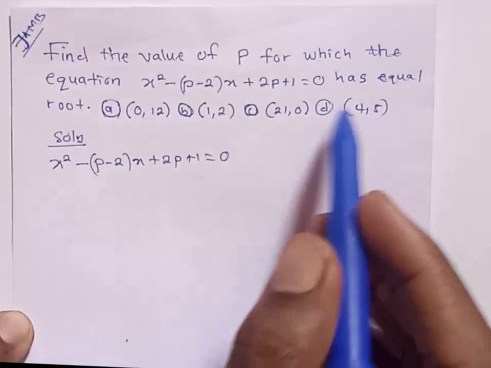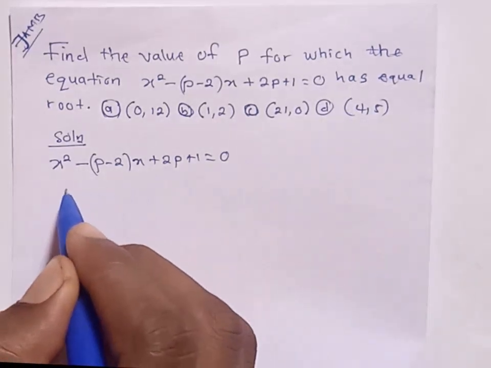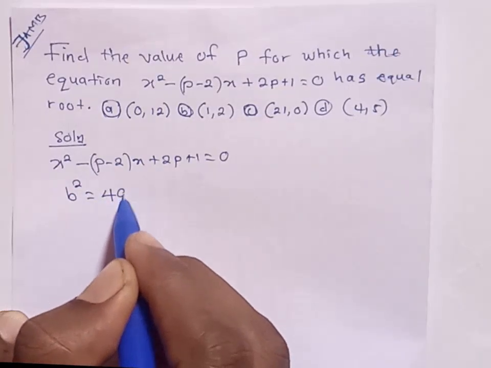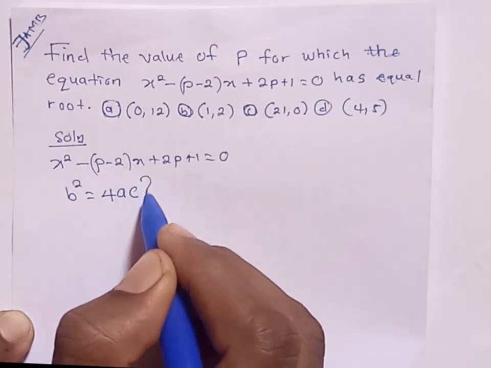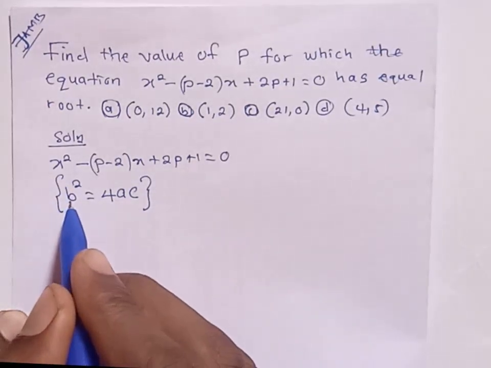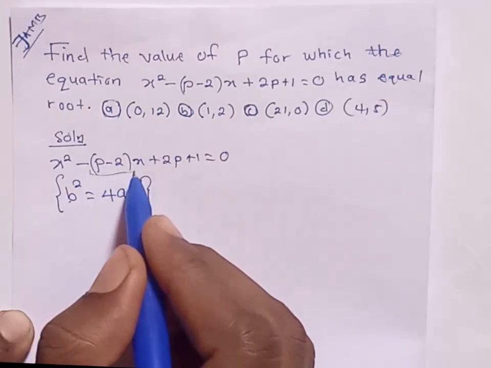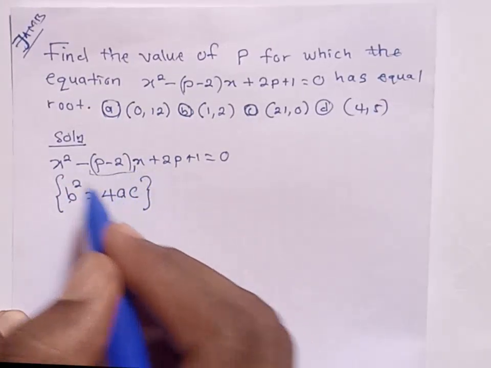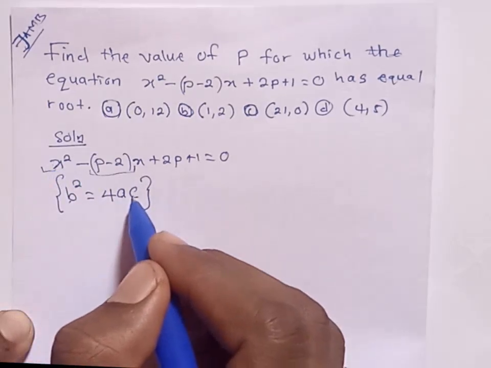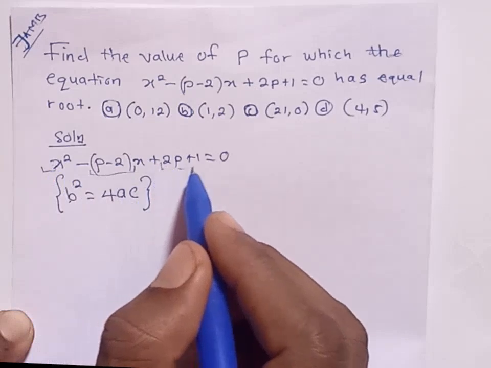For a quadratic equation to have equal roots, b squared must be equal to 4ac. Here, b is the coefficient of x, a is the coefficient of x squared, which is 1, and c is the constant.